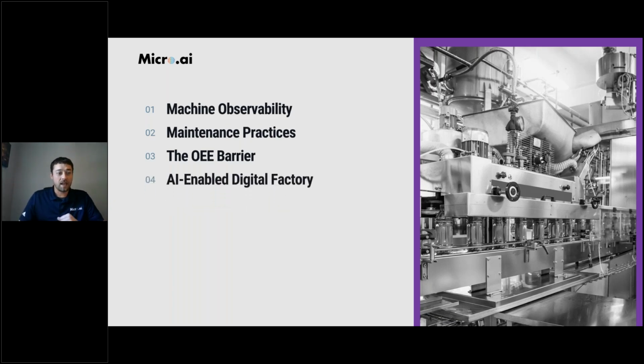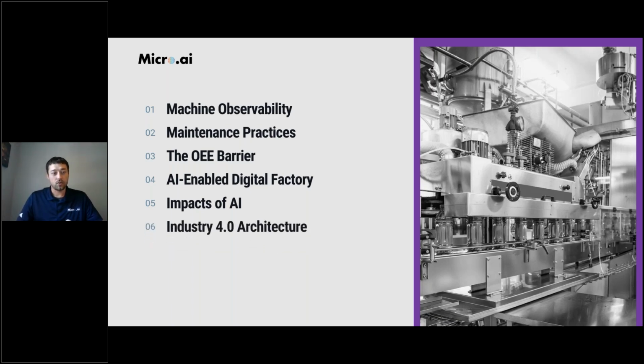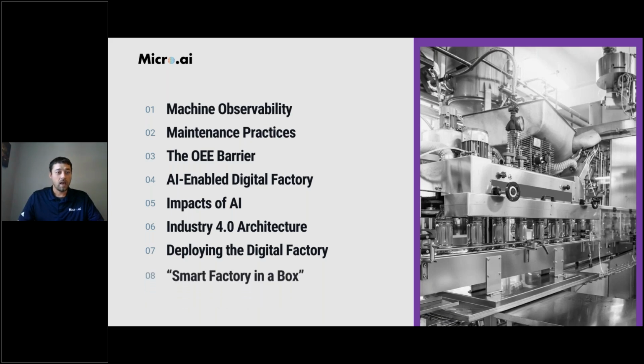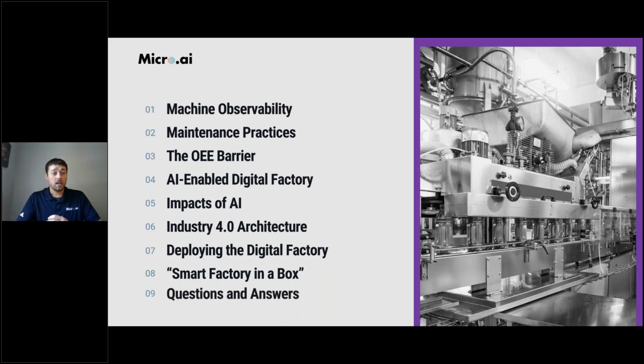Then we'll be getting into the AI-enabled digital factory, the impacts of AI and how that's going to help to solve those problems that are faced in the manufacturing process. We'll discuss MicroAI's Industry 4.0 architecture, as well as how we at MicroAI deployed the digital factory. And then lastly, we'll be discussing our smart factory in a box, and then end it off with a Q&A session. And so without further ado, let's go ahead and jump into the machine observability part.